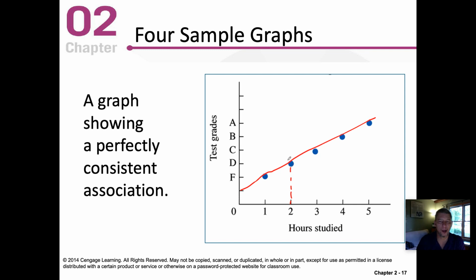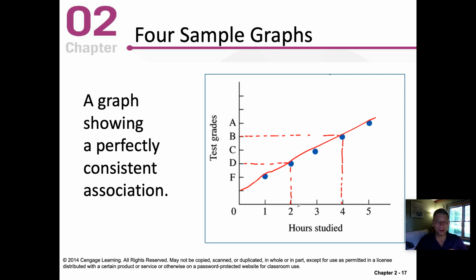Now, look at the data. I'm not going to do this for all of them, but 4 hours gets you a B. Okay. Now, could you from this relationship predict what would happen if you studied for 3.5 hours?